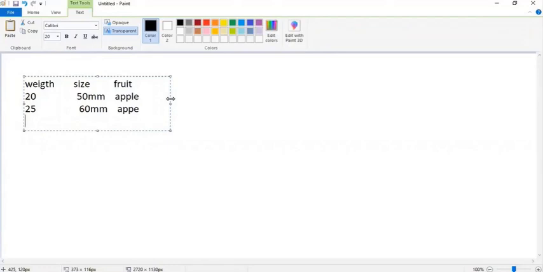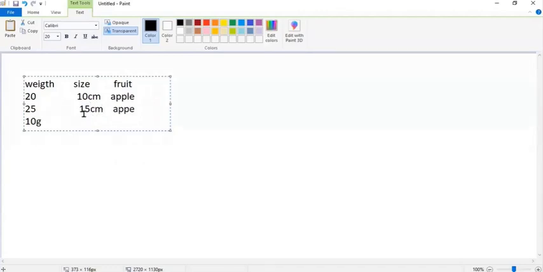Now, I have 10 grams, or else let's say it has 10 centimeters or something like that. Let's suppose 10 centimeters, 15 centimeters.